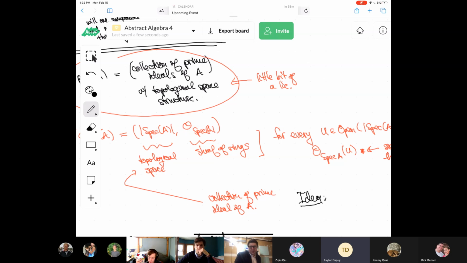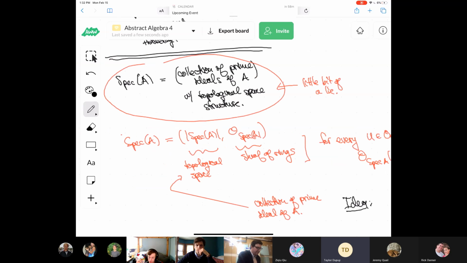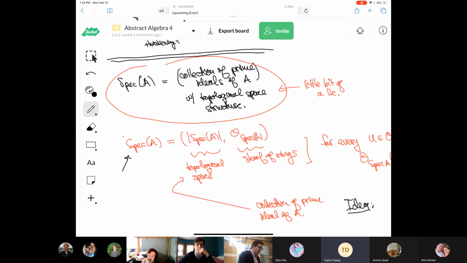Eventually this theory gets built up, like in manifolds, where things are locally like R^n, we build spaces that locally look like affine schemes. That's kind of a mouthful.